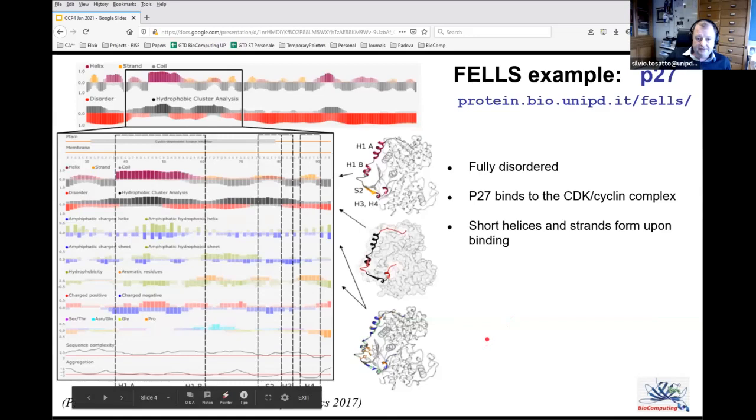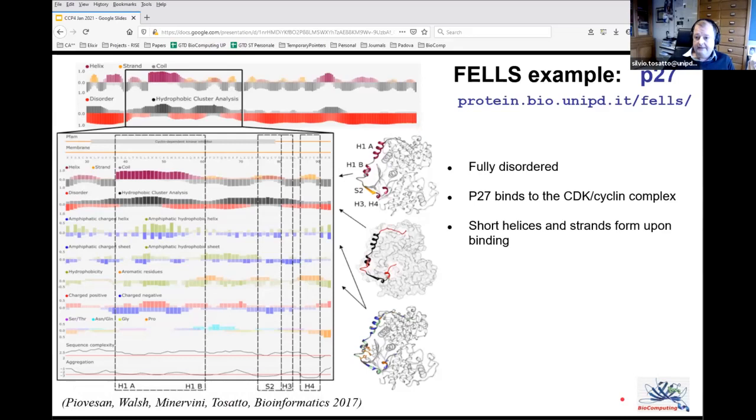So by having this type of analysis, you can get a feeling for the things which could be binding upon, folding upon binding, and the ones which are more disordered and which will not be able to do this kind of binding. So it's a tool which can be of use for some of the proteins of interest.